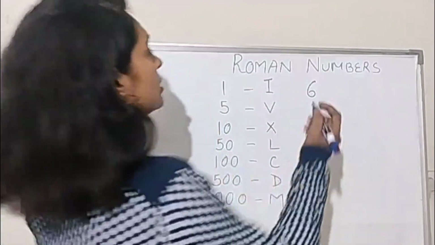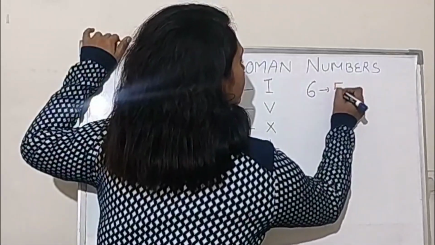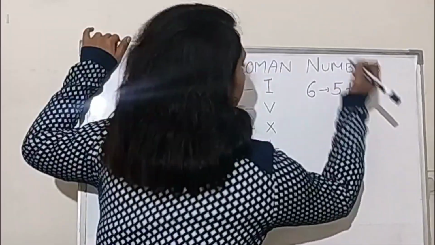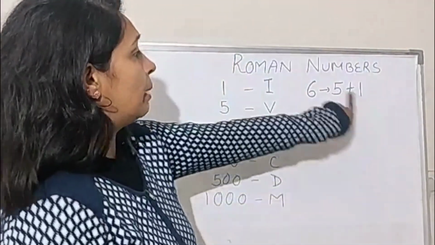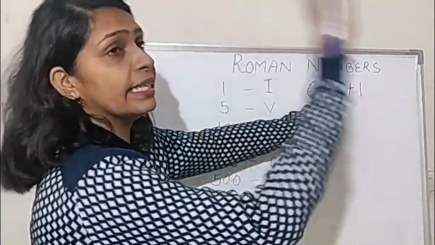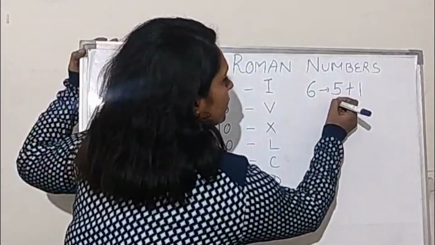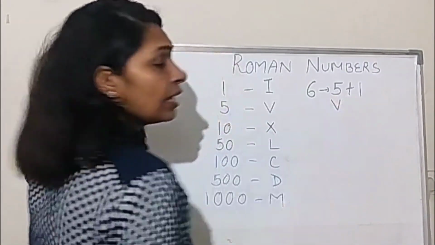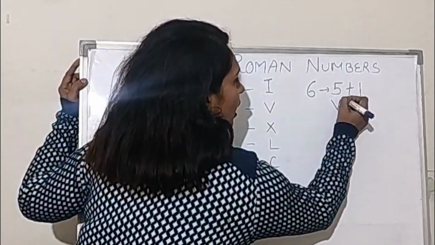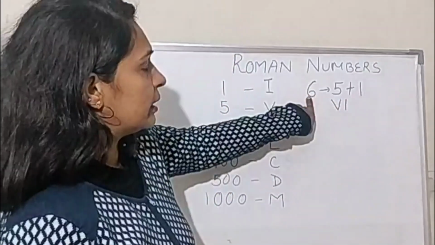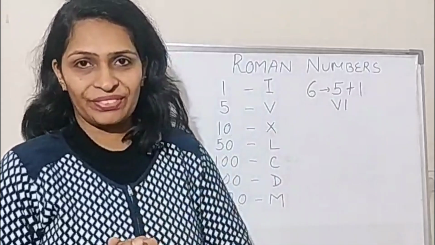So 6 can be written as 5 plus 1. 5 is represented by V, and for 1 I have I. So 6 can be written as VI, right?